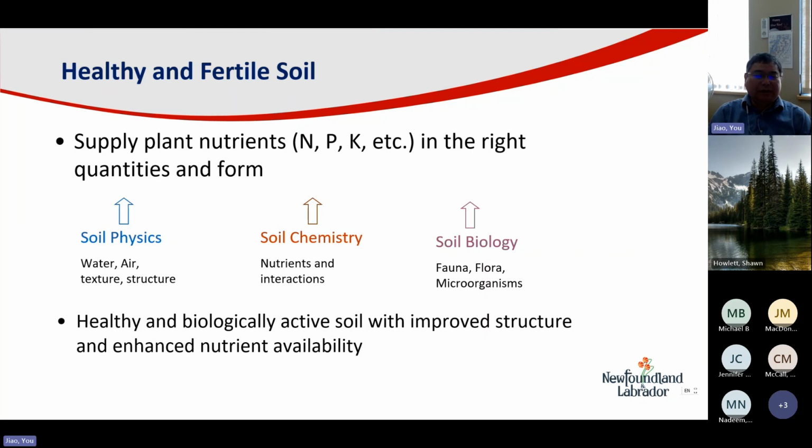When we talk about soil, we need it to be biologically active with improved structure and enhanced nutrient availability.